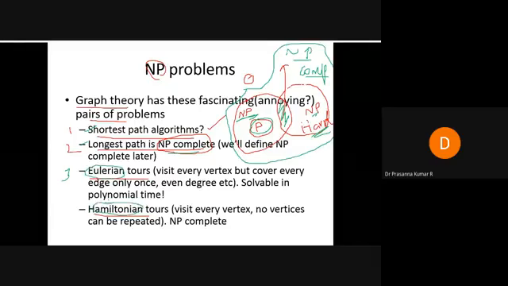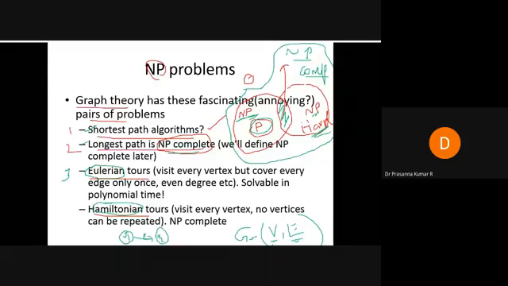See, a graph is nothing but two tuples, V comma E. V stands for vertices and E stands for edges. So a simple graph will be something like this. It is a directed graph because an arrow mark is there. We have two vertices V1 and V2, and we have one edge.